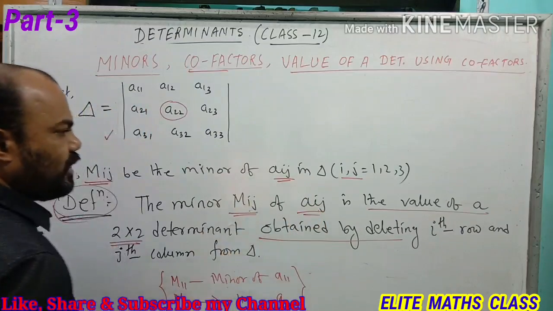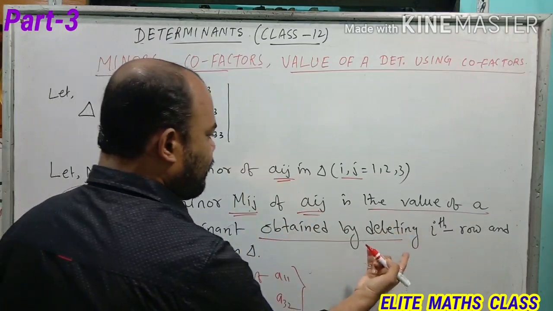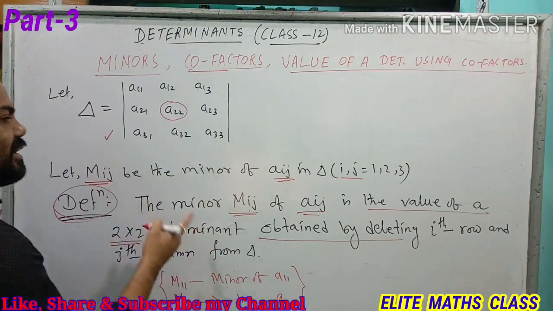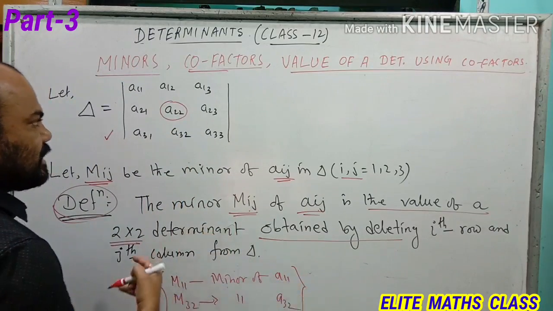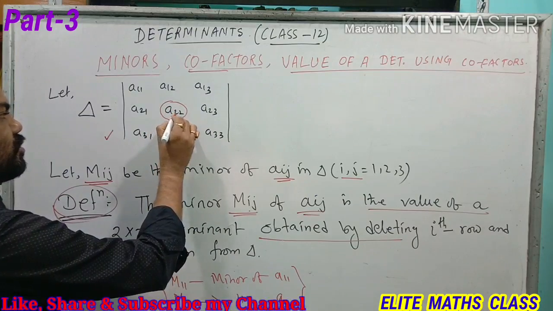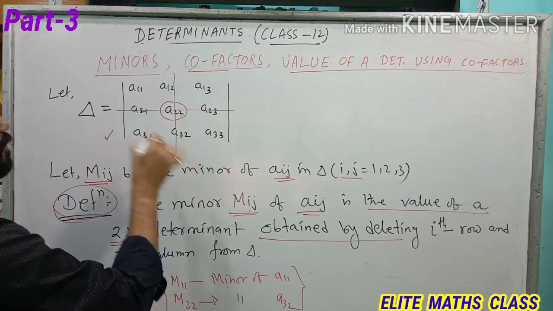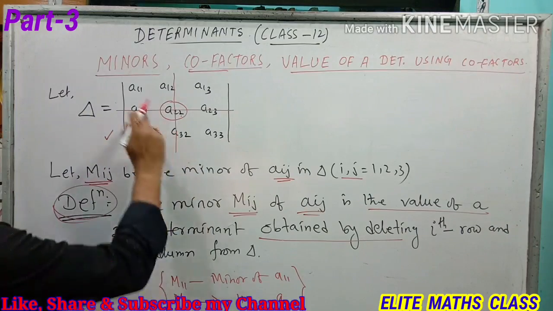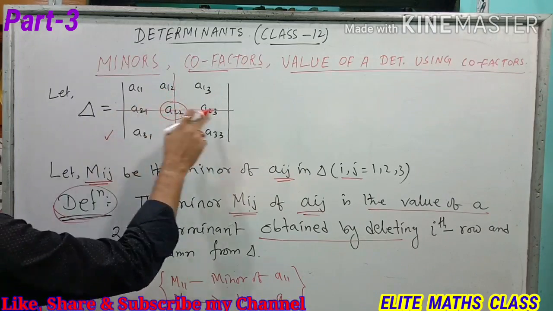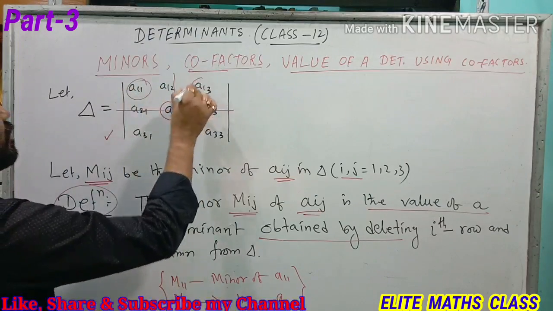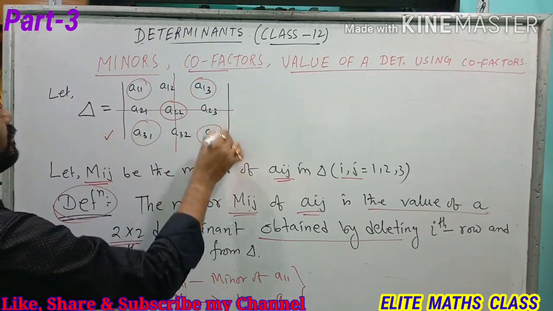By this definition, it is the value of a 2 by 2 determinant obtained from delta by deleting the ith row, jth column. So here the row is 2 and the column is 2. This is the second row, this is the second column. So we have to delete this row and column. Then these 4 elements remain.